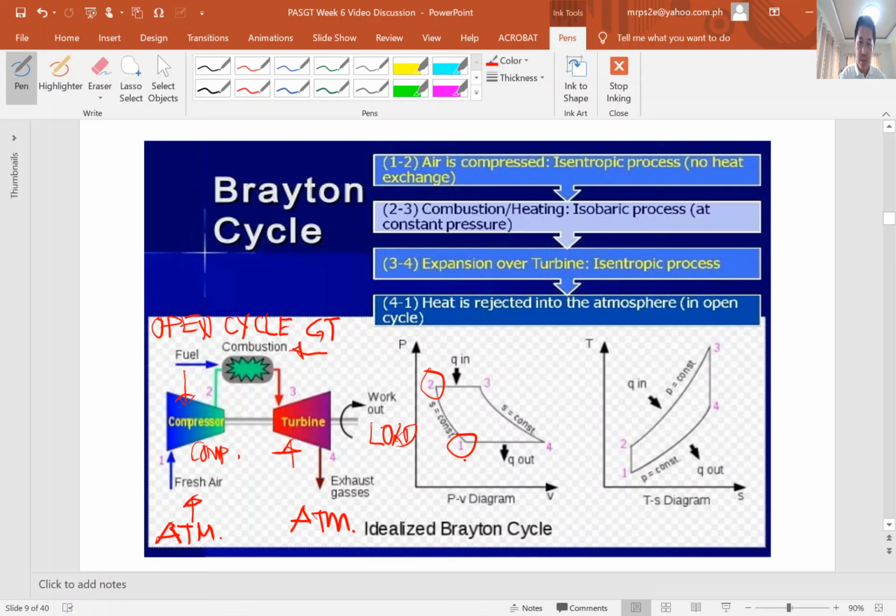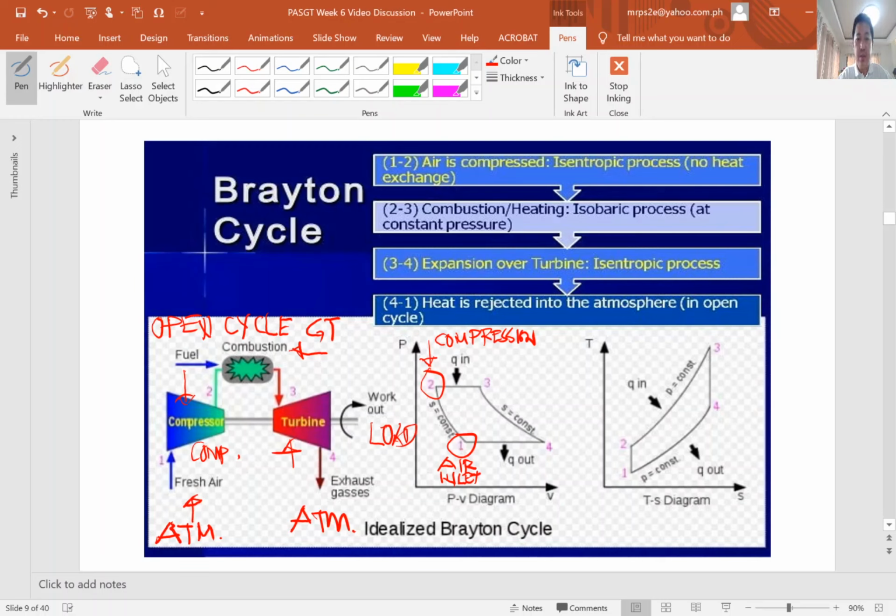So 1 is the air inlet, and number 2 is compression. And this is called an isentropic process from 1 to 2.